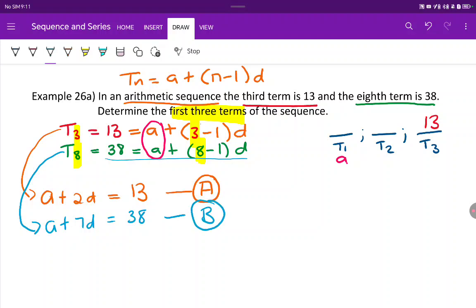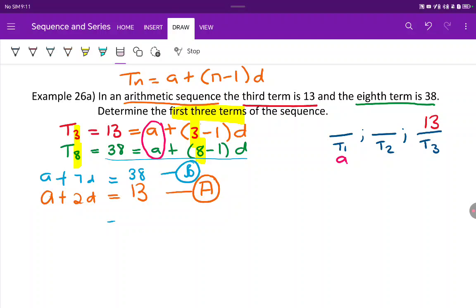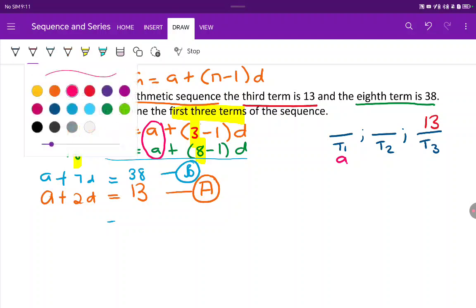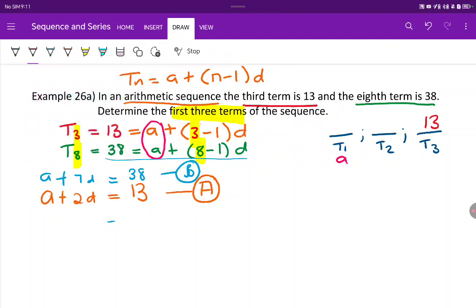Now, let's subtract. You want to subtract one from the other. Normally, it's easier to subtract the small from the big, so let's write the big one on the top. 7d equals 38, we name this one B. When we subtract, B minus A means that everything after the minus sign, you have to change the sign.